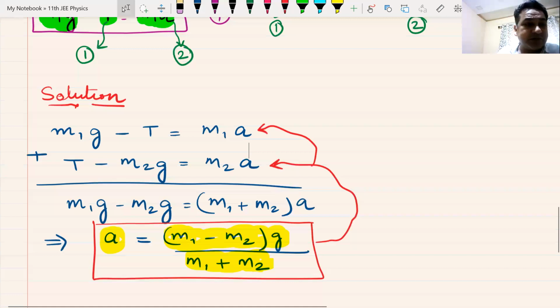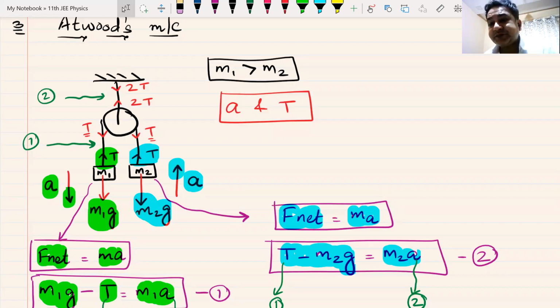You don't have to remember the answer for acceleration. With due practice, in due course of time, you would be able to tell the answer as larger mass minus smaller mass multiplied by g divided by the sum of the masses. Even if you don't remember it, you can always draw the free body diagram, draw the forces, and get your answer.